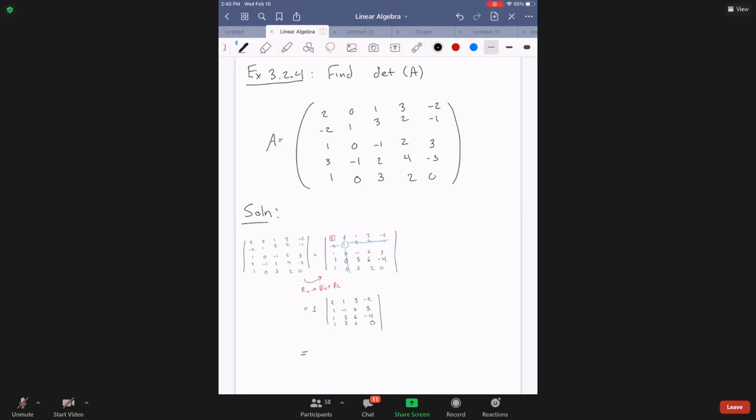Well, I mean, you can. So row 2, not, what if we add to row 2, not row 4? I mean, it will still give us a, what? No, hold on.